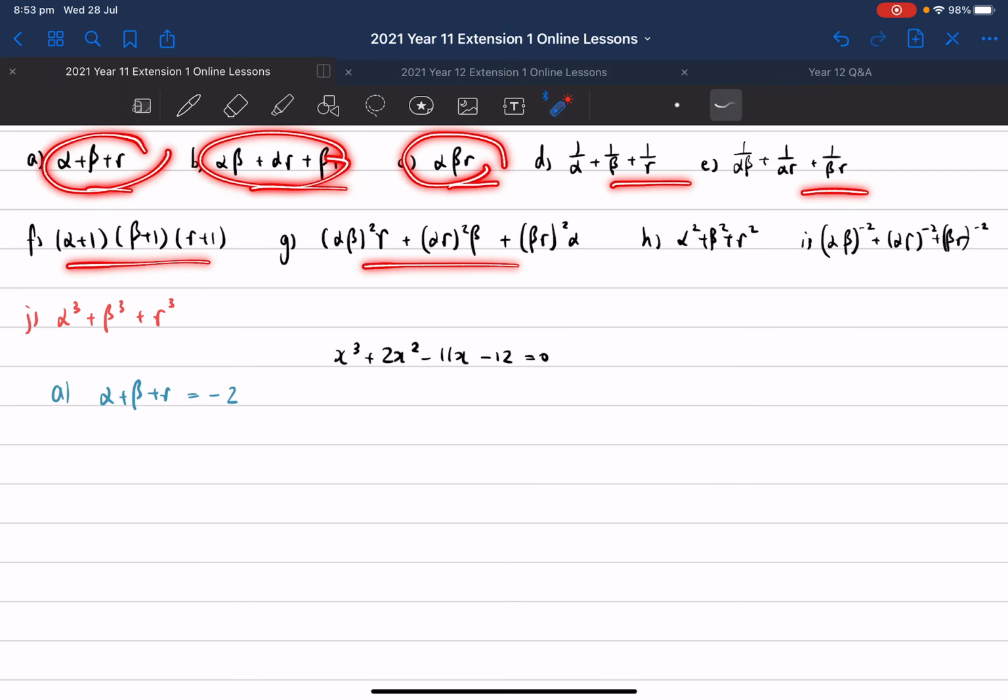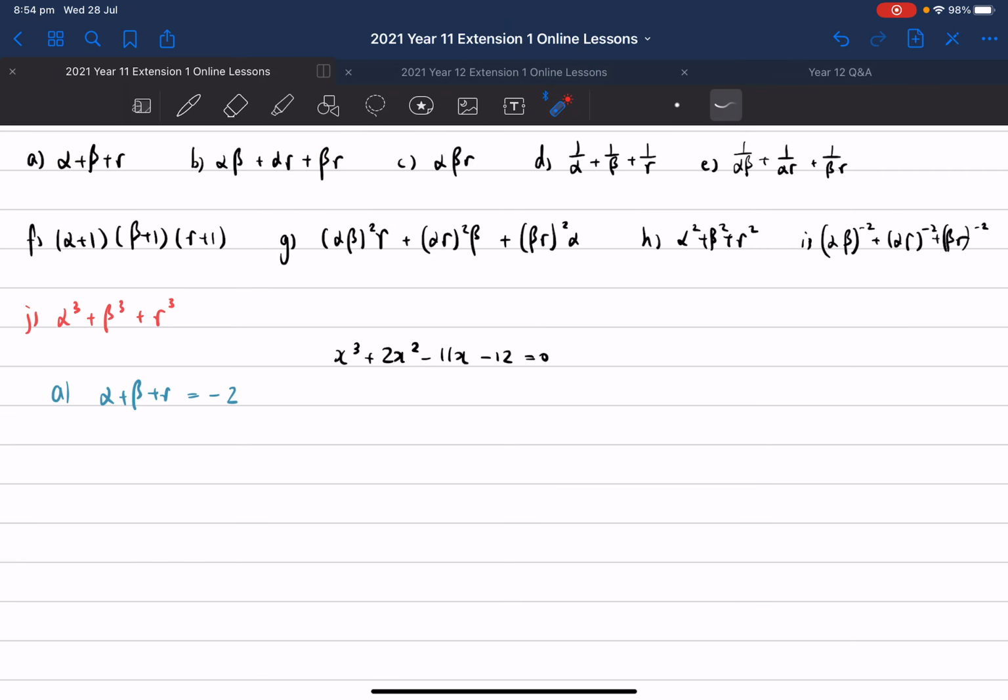That's the reason why usually in a question, they will scaffold the question for you. They're going to ask you to find the first 3 things first. Otherwise, if they don't do that, you need to find out what the first 3 formulas equal. Next one, alpha beta plus alpha gamma plus beta gamma is equal to c on a. And in this case, c is equal to minus 11 over 1, so that's equal to minus 11.